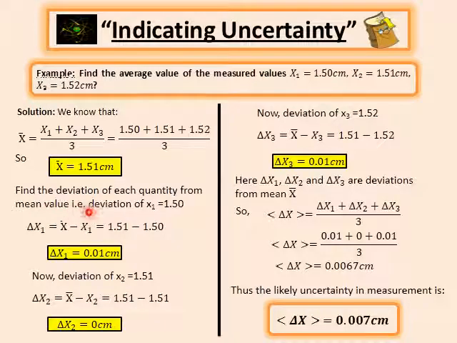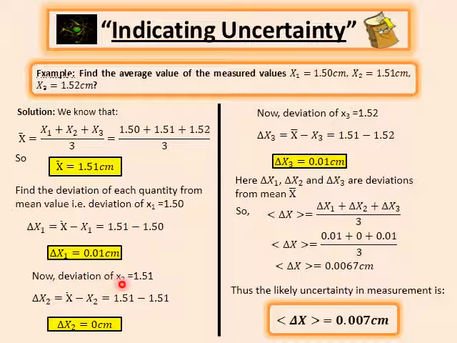Now we are going to find the deviation of each quantity, means delta x1, delta x2 and delta x3, from the mean value. For delta x1 we have delta x1 is equal to mean value of x minus value of x1. So 1.51 minus 1.50. After solving this we have delta x1 is equal to 0.01 centimeter.